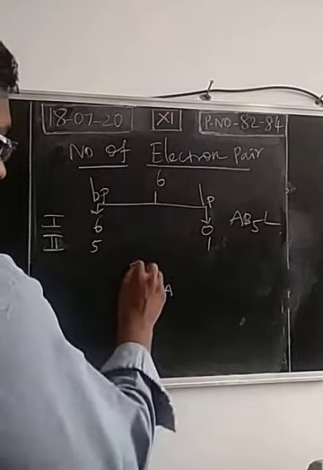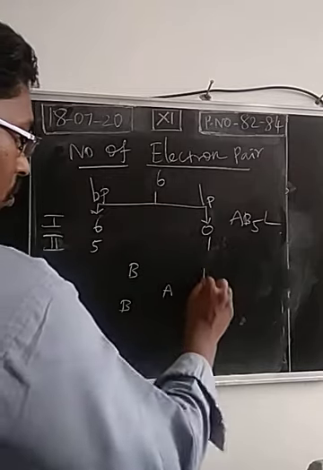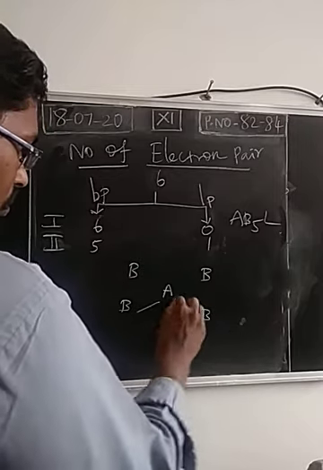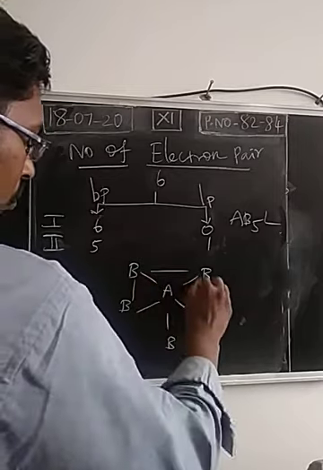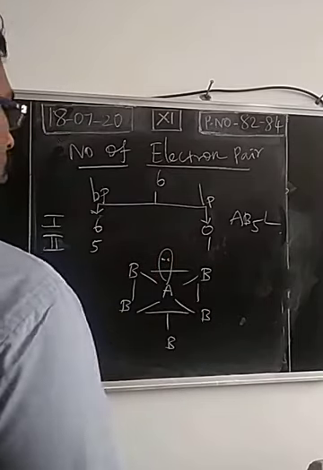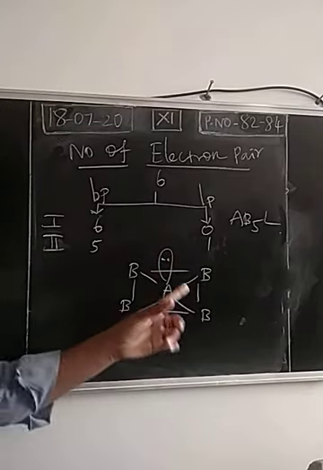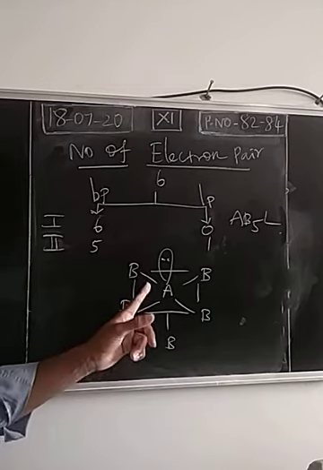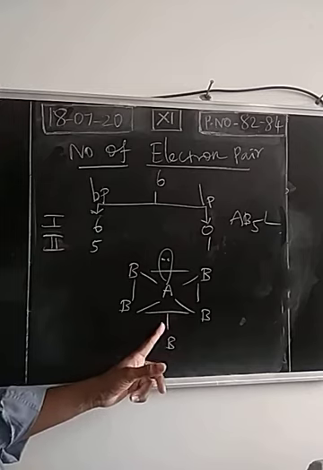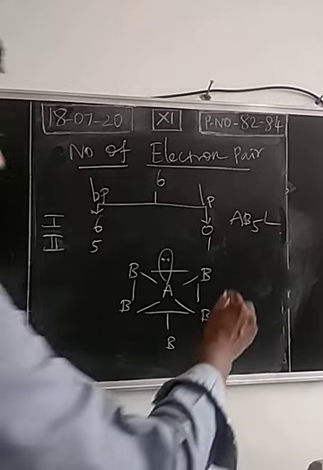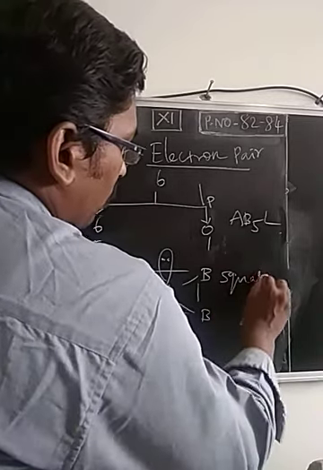Central atom A, so around the central atom 6 electron pairs, 5 present as bonded pairs, 1 as a lone pair. So this is called square pyramidal. The structure is called square pyramidal.